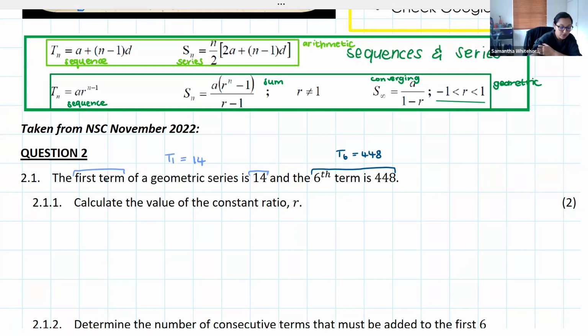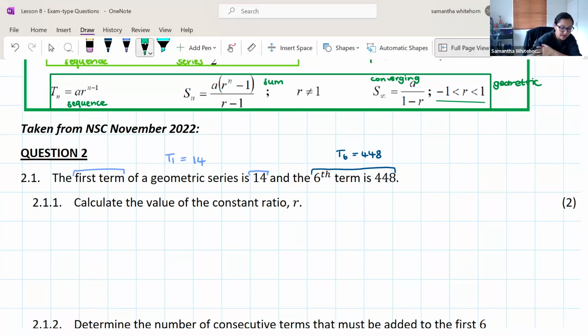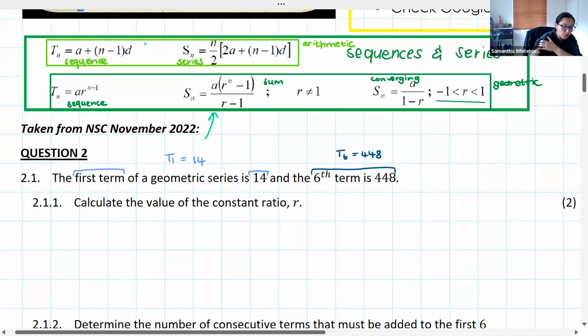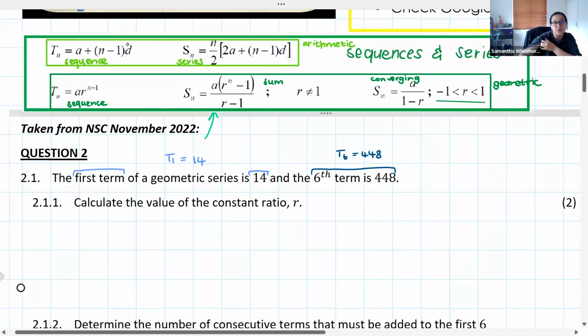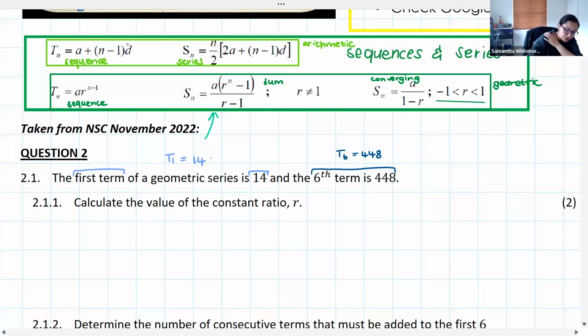Now, remember, if you look at your Tn formulae, we always have an A variable that we're substituting in, and A is your first term. So this T1 equals 14 actually gives us an A value. So that's why it's useful to me. I automatically know what A is. Term 6 doesn't really give me anything by itself, but maybe it's going to be useful later on.